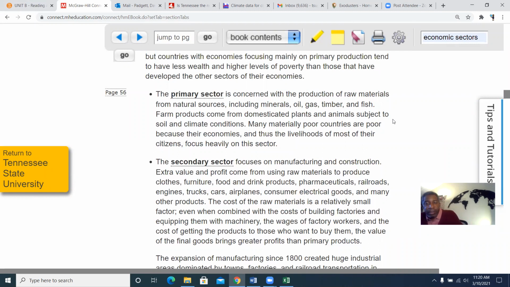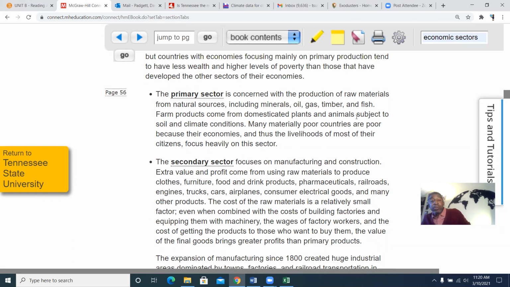How that again relates to the Great Migration is that African Americans, 90% of whom were in the South at the turn of the 19th to the 20th century, were largely employed in the primary sector, specifically agriculture. It was not lucrative. It was not a way to wealth for the vast majority of African Americans.